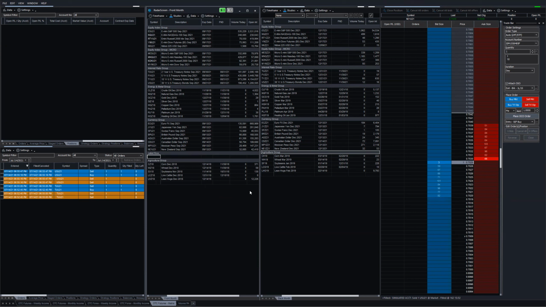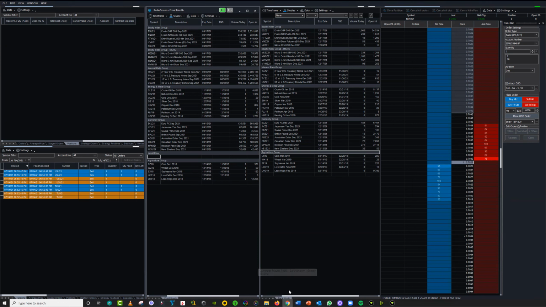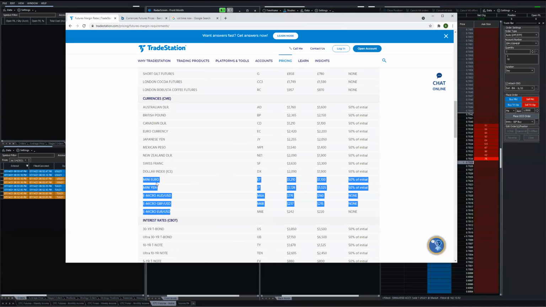How many do we have? We have 2 minis and 3 micros, so in total 5.